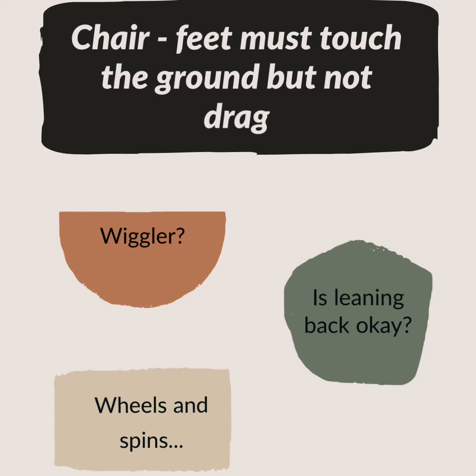You might have a child that's a wiggler. This is a kid that doesn't sit still in their chair at all, so you might decide that you need a chair that doesn't move. Or maybe you have a chair that moves and a chair that doesn't.